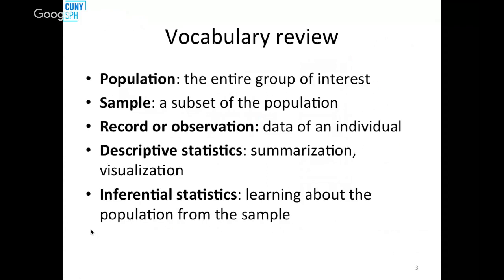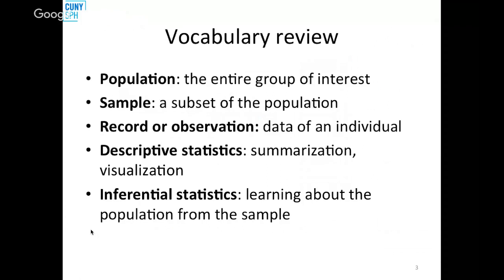So just to review the vocabulary that we learned last time, the population in the context of statistics is an entire group of interest. It might actually be people, but it might be other things like lab tests or results of a lab test. It is all of the possible things, items, or records that we are interested in.